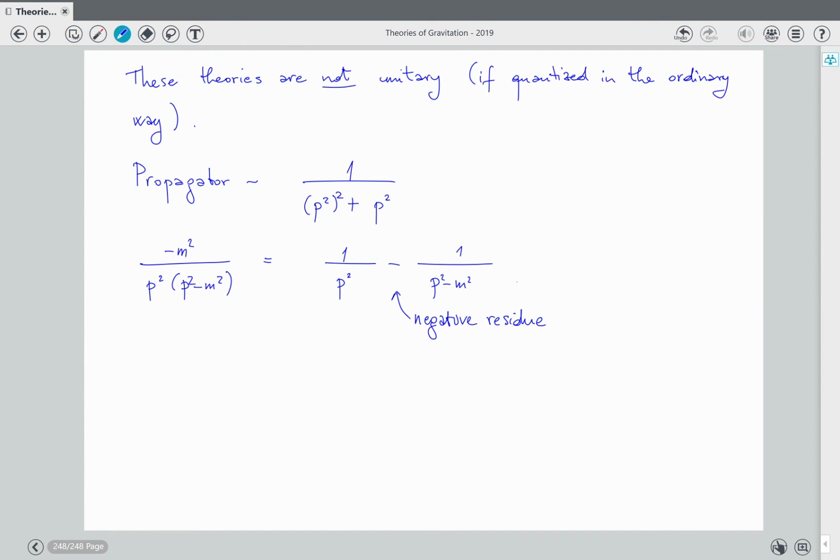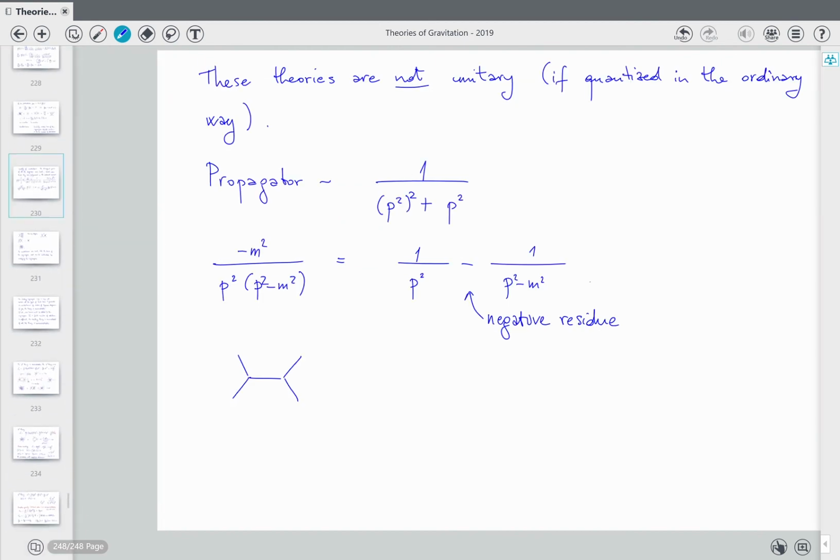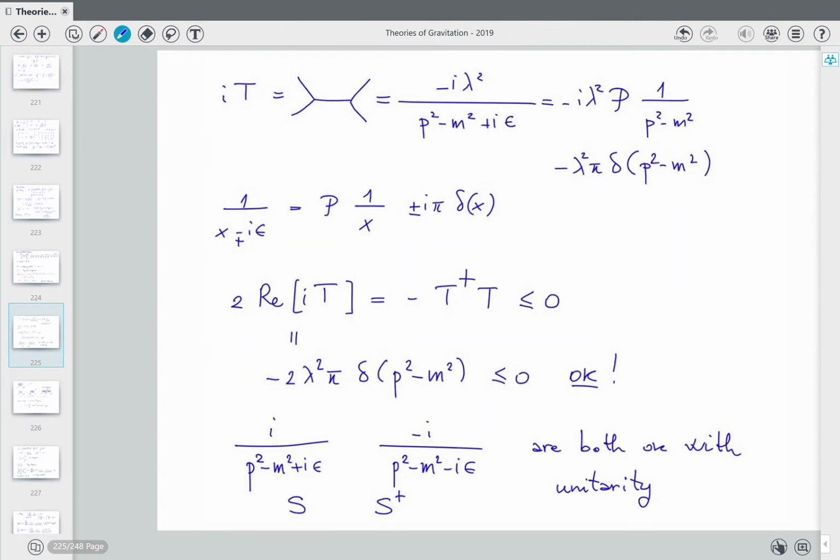So if we repeat that argument with this kind of process, where was it? So this was IT, and that was negative definite, okay? But now it's the difference of two delta functions.